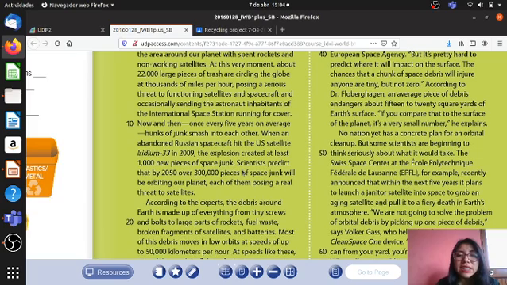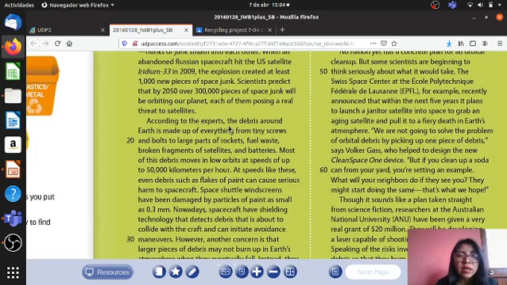Okay? Scientists predict that by 2050, over 300,000 pieces of space junk will orbit our planet, each of them posing a real threat to satellites.